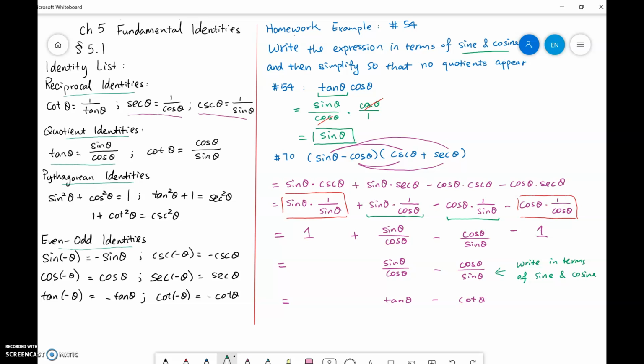And then the second answer, which is my last step, is the answer after simplification with no quotient appearing. Okay, so that is how to do number 70.